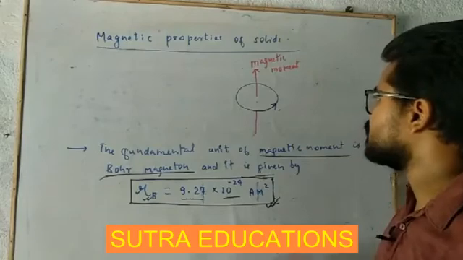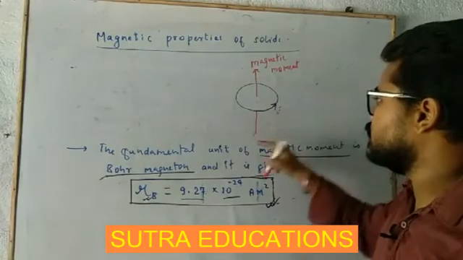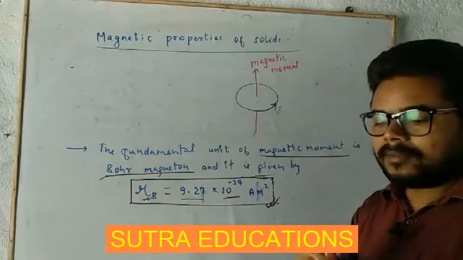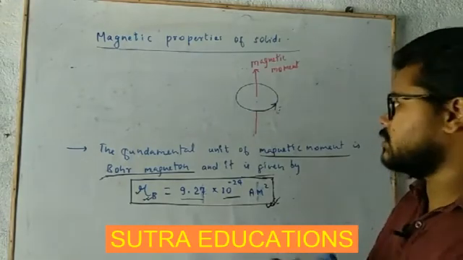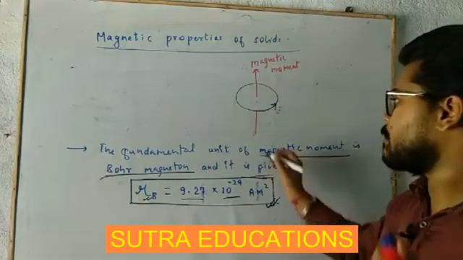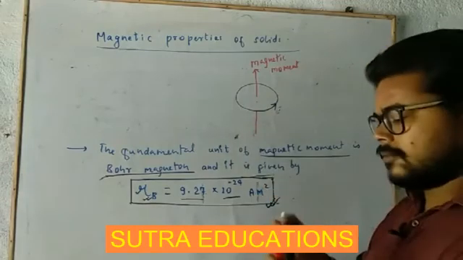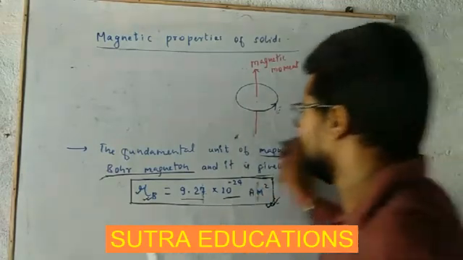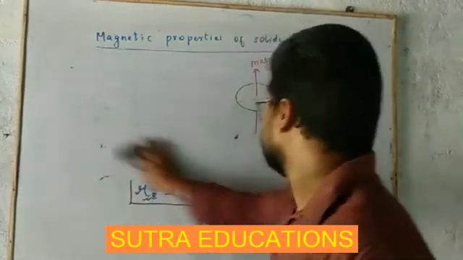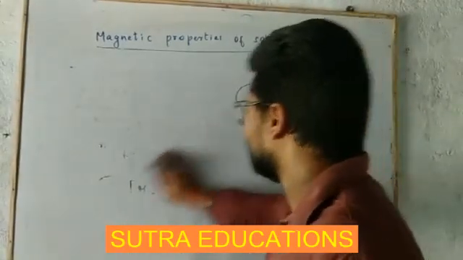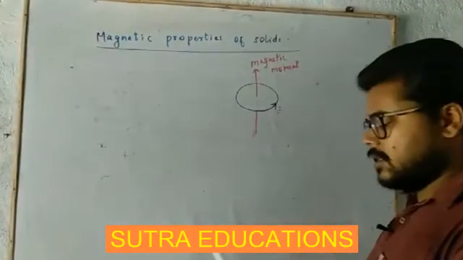Here we say it is orbital motion. This is figure A, and figure A is the orbital motion of electron, and due to the orbital motion of electron, magnetic moment is associated with this.